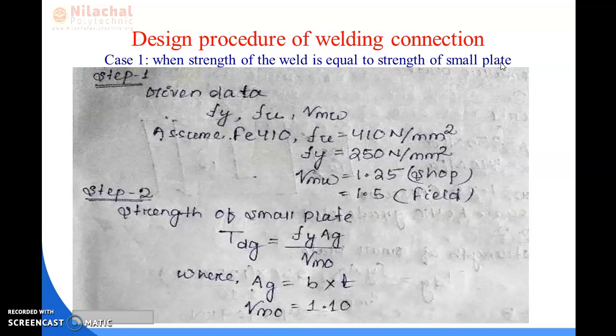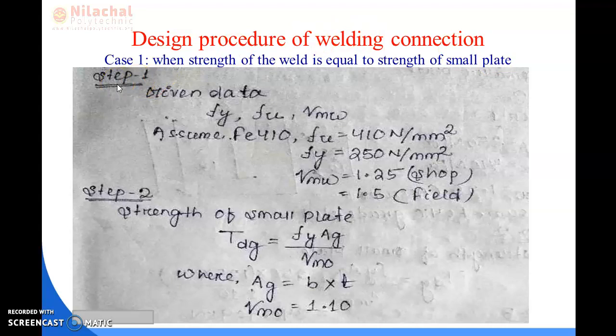Okay. In that case, how will you calculate the strength of the weld, and how will you find out the effective length and size of the weld? So let's see step 1.